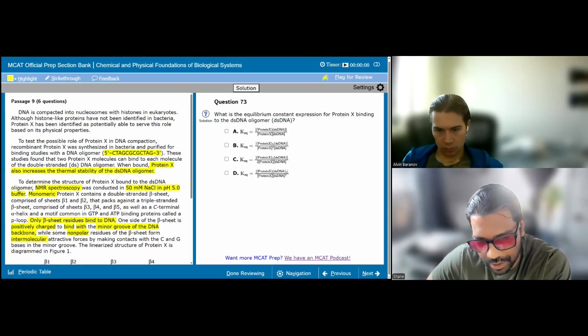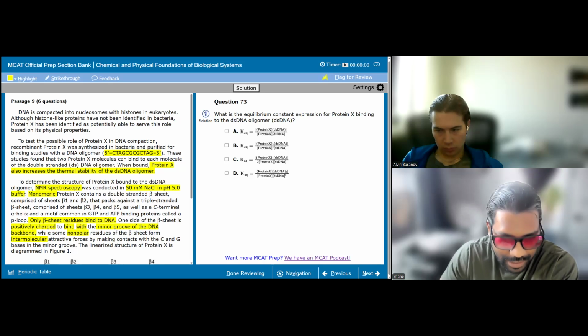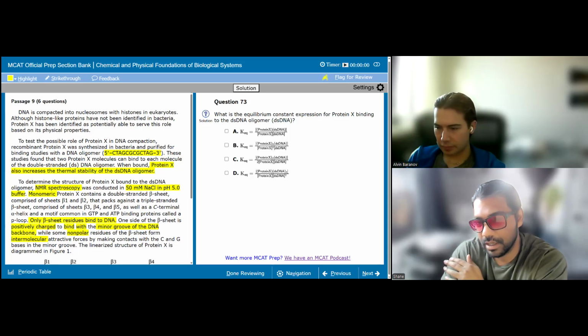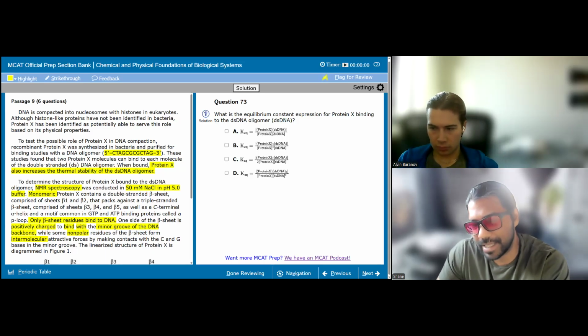We don't want a 2 in front of a concentration, because in the law of mass action we take the coefficients in a regular chemical reaction and turn them into the exponent.